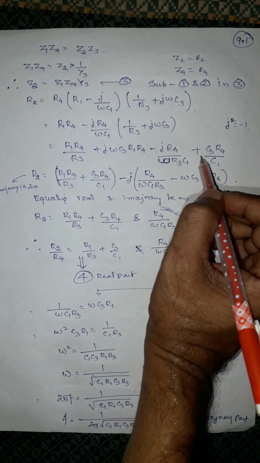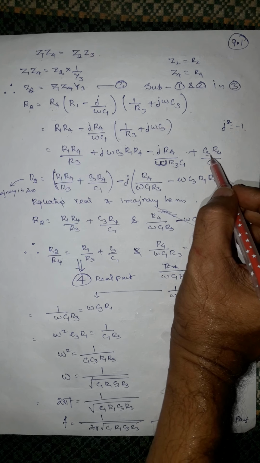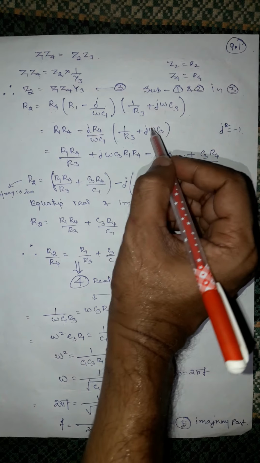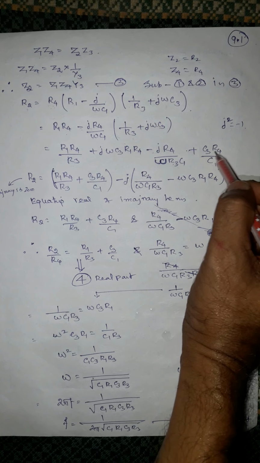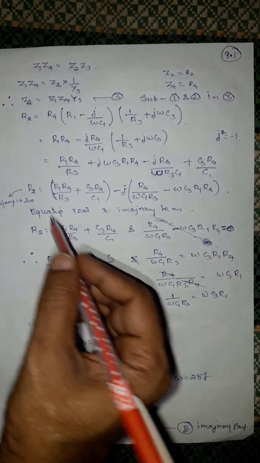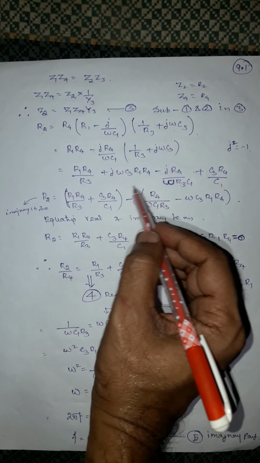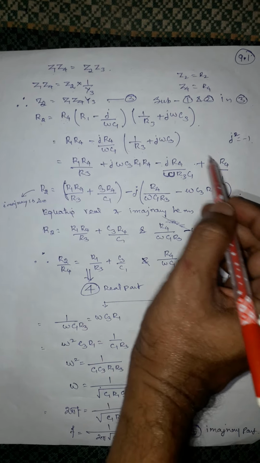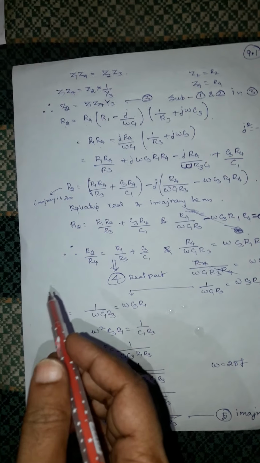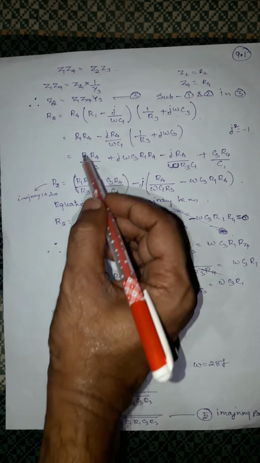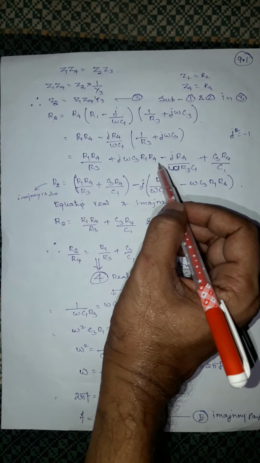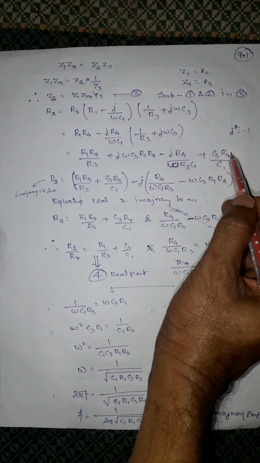Then the omega cancels, giving C3 R4 divided by C1. Then R2 is split into the imaginary part, the j component, and the real part. R2 equal to this real part and also this one is a real part.